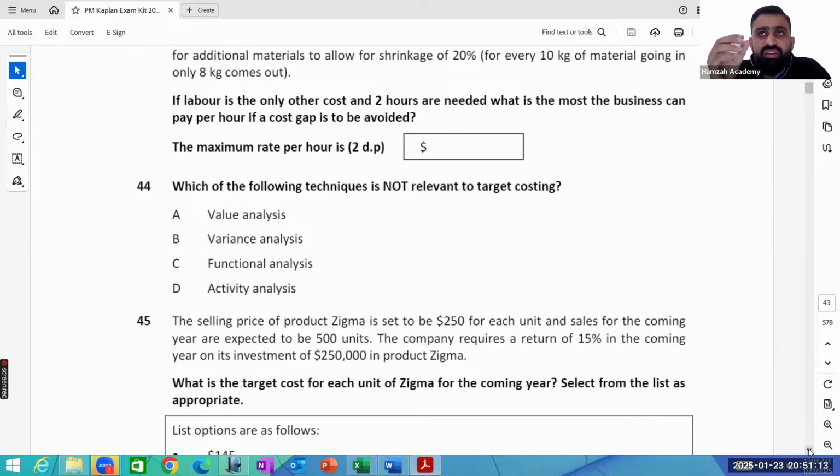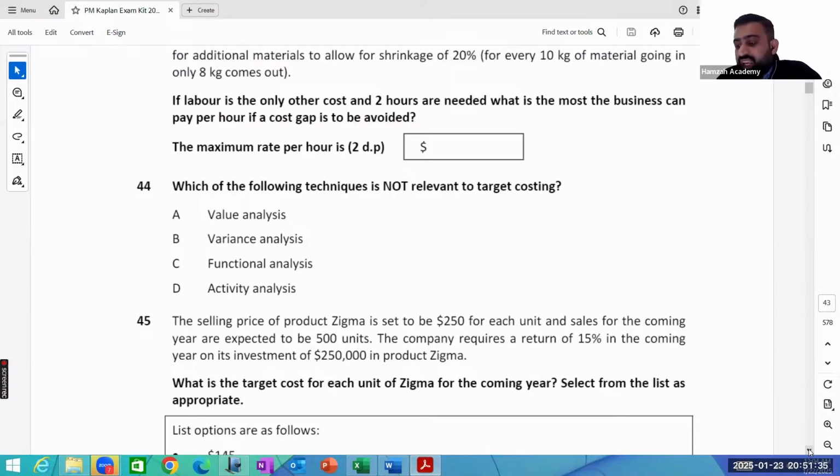Through value analysis, we remove from the product those features which are not valued by the customer. In that way, we can reduce the expected cost. So value analysis is a technique which we use in target costing.